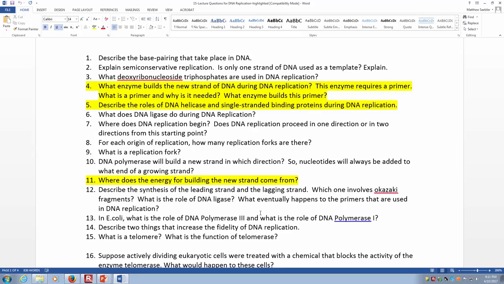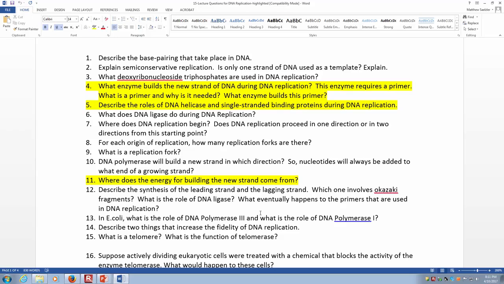And then what do the single-stranded binding proteins do? They keep it separated, right? So they bind to the single-stranded regions and keep it separated. Number 11, where does the energy for building the new strand of DNA come from? Right.